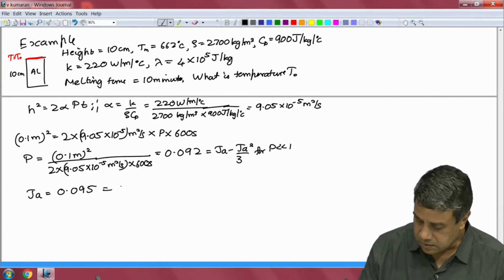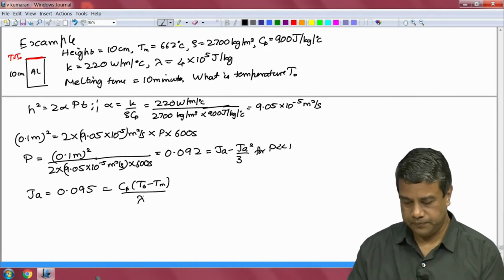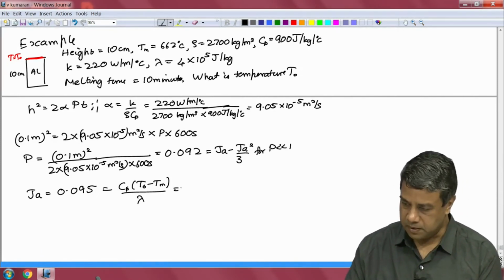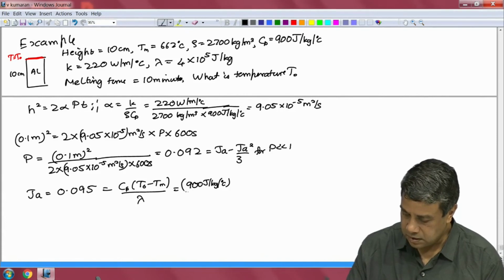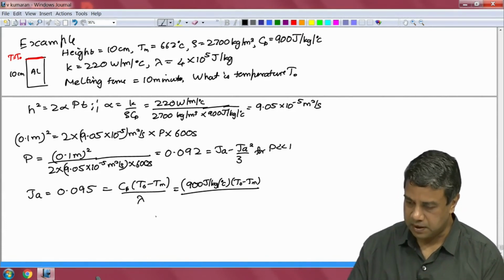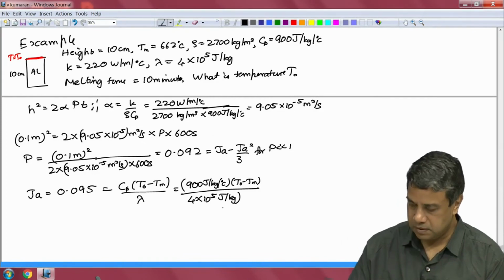And this is equal to Cp into (T0 minus Tm) by lambda, which using the material properties is 900 joules per kg per degree centigrade into (T0 minus Tm) divided by lambda, which is 4 into 10 power 5 joules per kg.